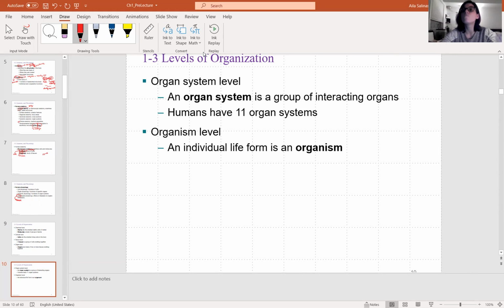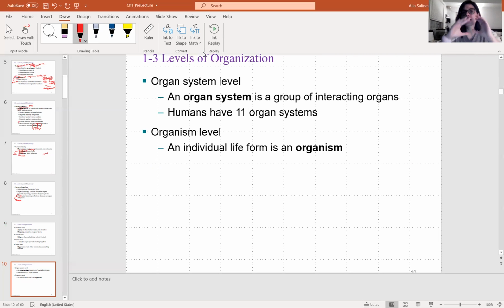They excrete wastes. Or for example, our circulatory system, composed of the heart, lungs, veins, arteries, and blood, all working together to provide nutrition and oxygenation to our organs and remove wastes.